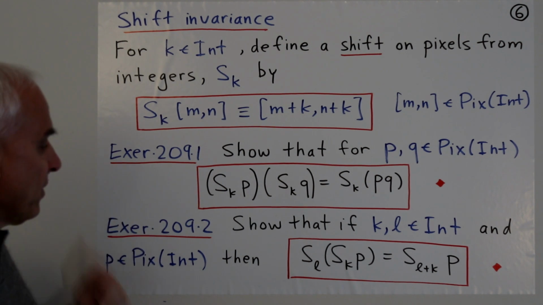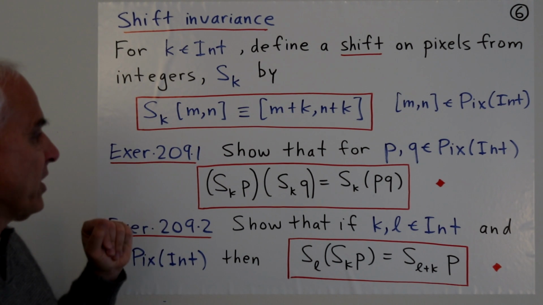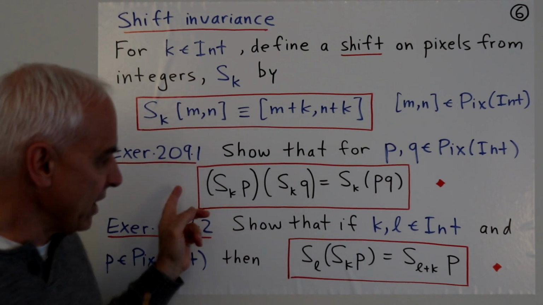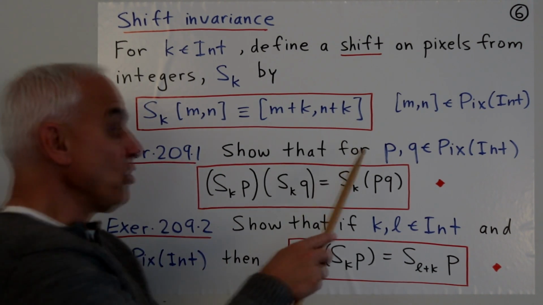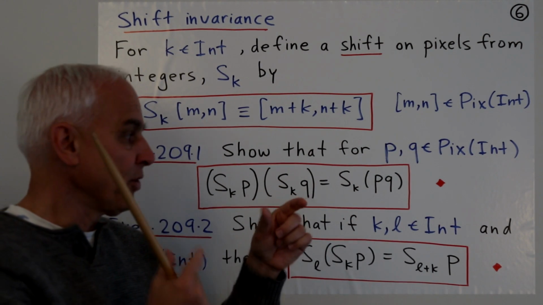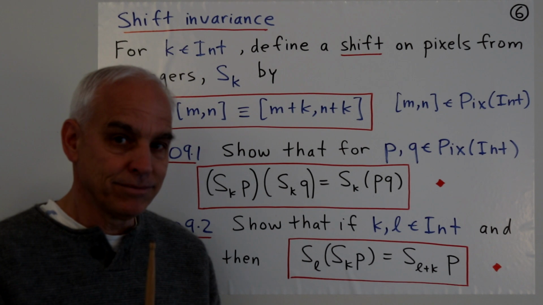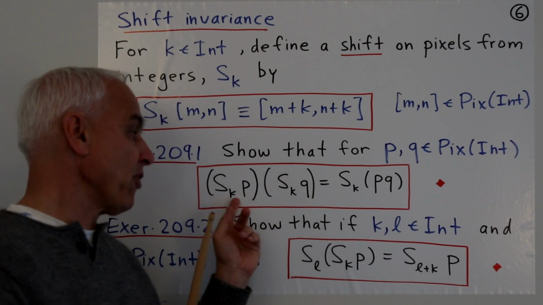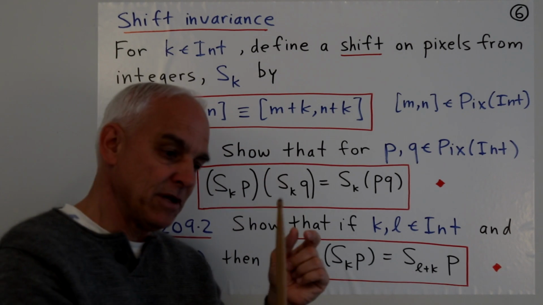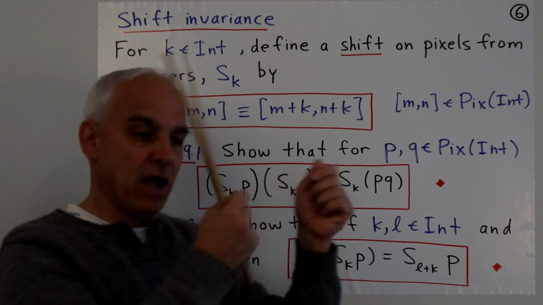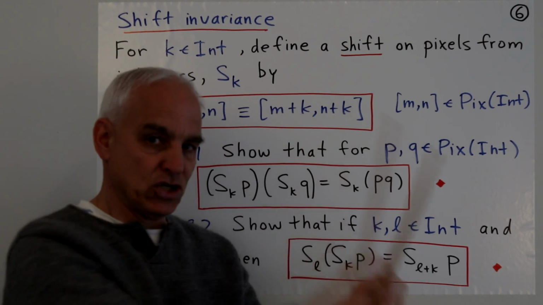Okay, so now I'm going to leave you a couple of exercises. The first one is to show that this respects multiplication. This is the crucial one. If you have two pixels, P and Q, and you're interested in multiplying them, then the shift of their product is the same as the product of their shifts. So if you shift P and you shift Q and then you multiply, that's the same as first multiplying P and Q and then shifting.